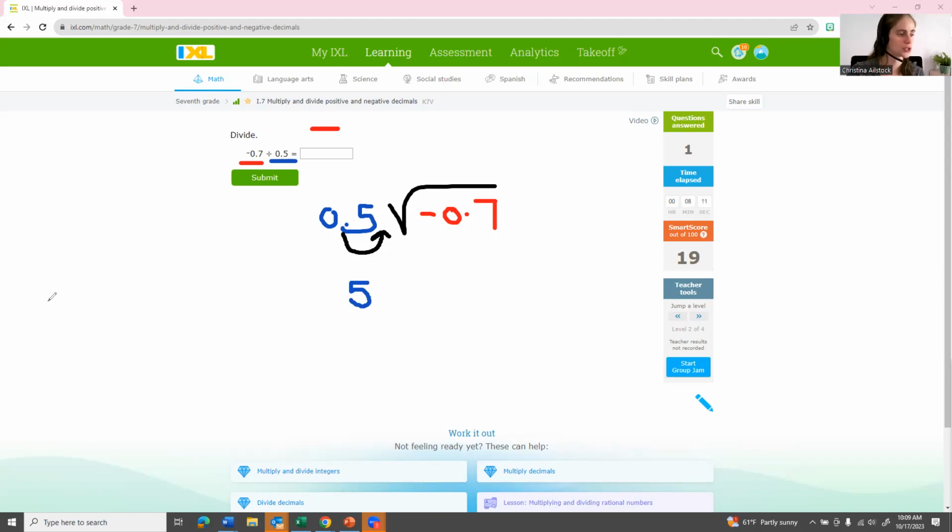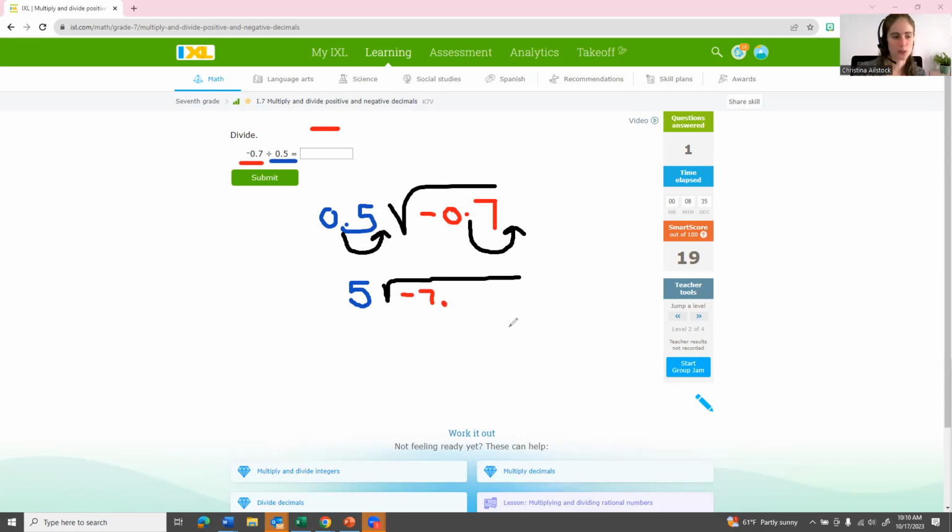But whatever we do to one side or one number, we have to do to the other. We have to keep things equal. We have to keep it equivalent, meaning this decimal is also going to move and come up one place, giving us the brand new problem of -7 with a decimal point right here.